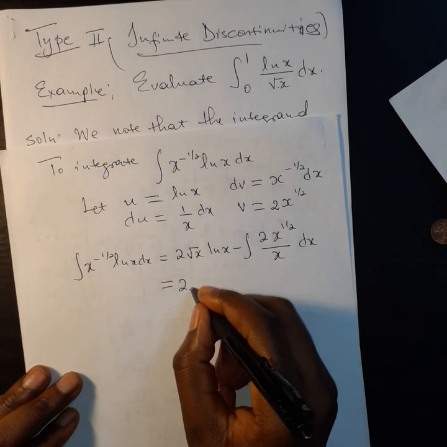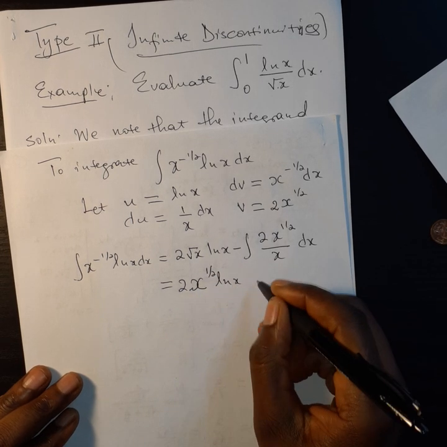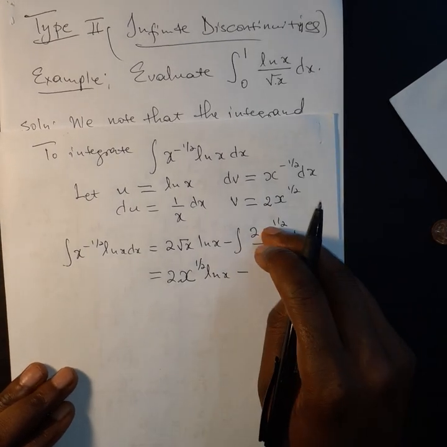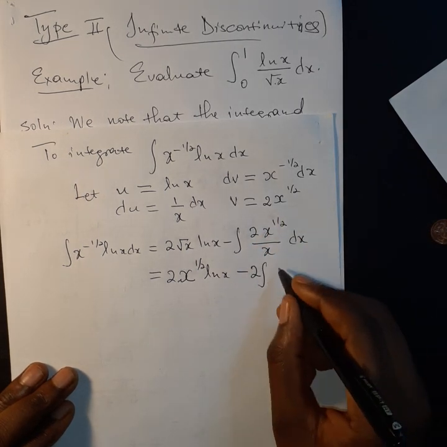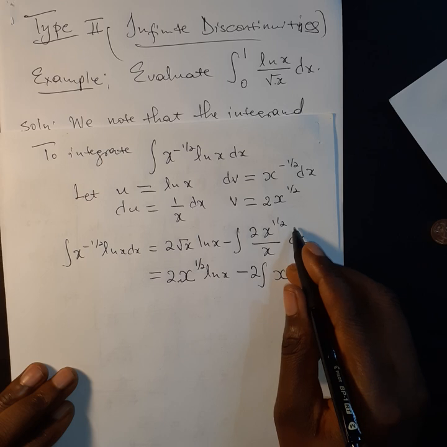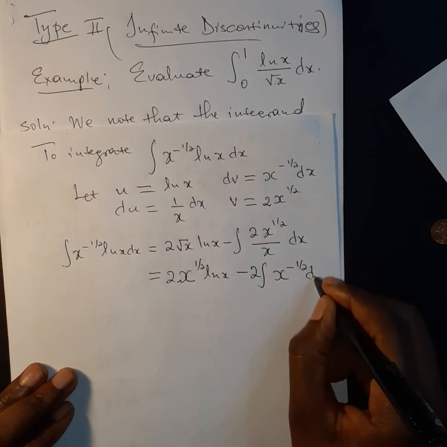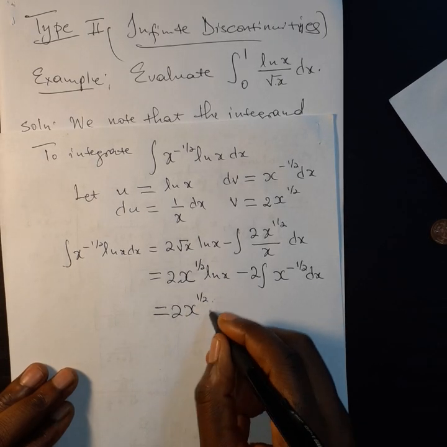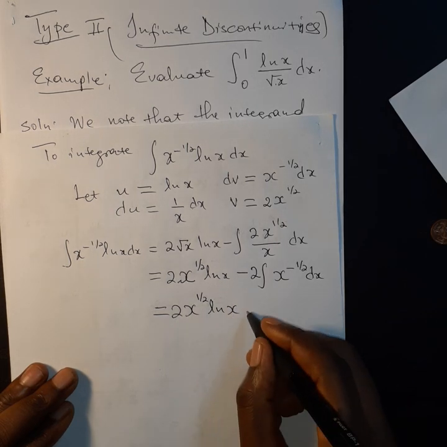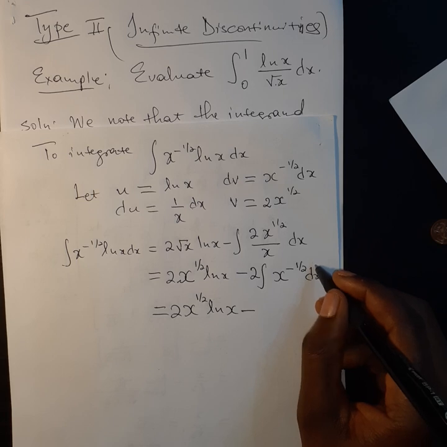So we have 2x to the power 1 over 2 divided by x dx, like that. This is 2 times the square root of x, ln x minus, then we are dividing here. When we divide, we get our 2, the integral of x, you subtract 1 from that, you get negative 1 over 2 dx, which will be 2x to the 1 over 2 there, the ln of x minus, then when we integrate, we're going to add 1.